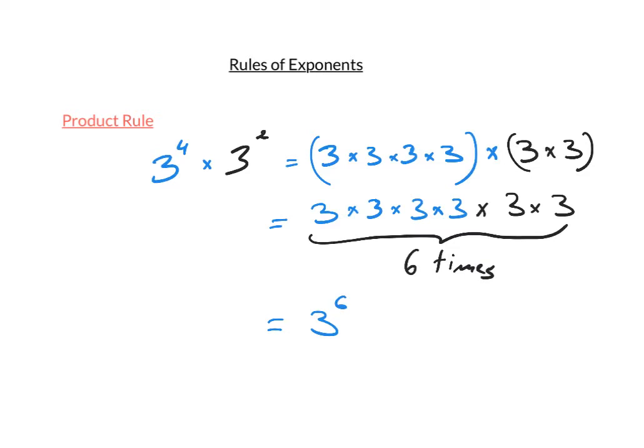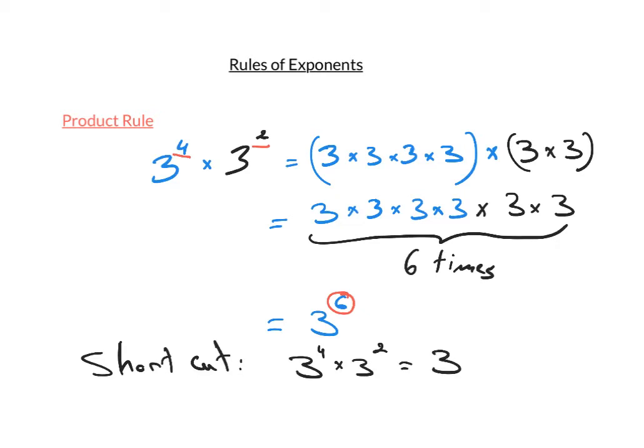But we can see the connection: if we add 4 with 2, we're going to get 6. So there is a shortcut to this. So 3 to the fourth power times 3 to the second.